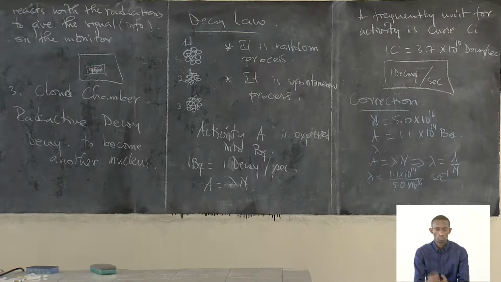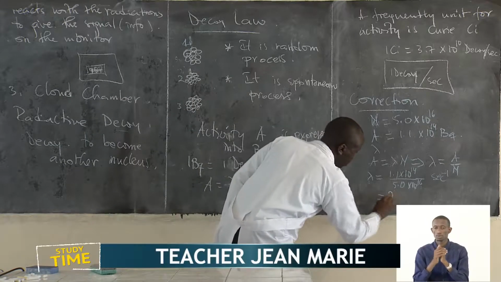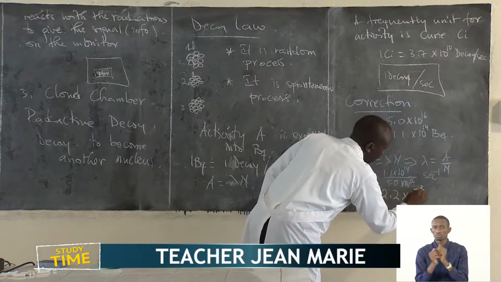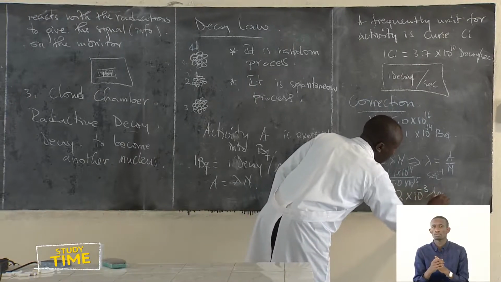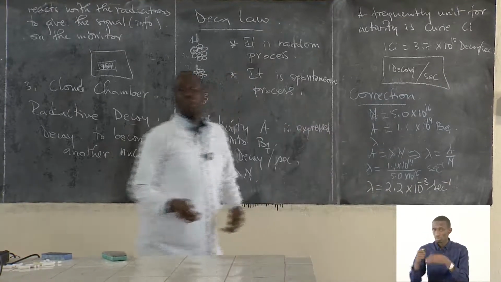I have to follow the parentheses, right? And I find this is going to be 2.2 times 10 power minus 3 per second. Remember, this is second power minus 1.